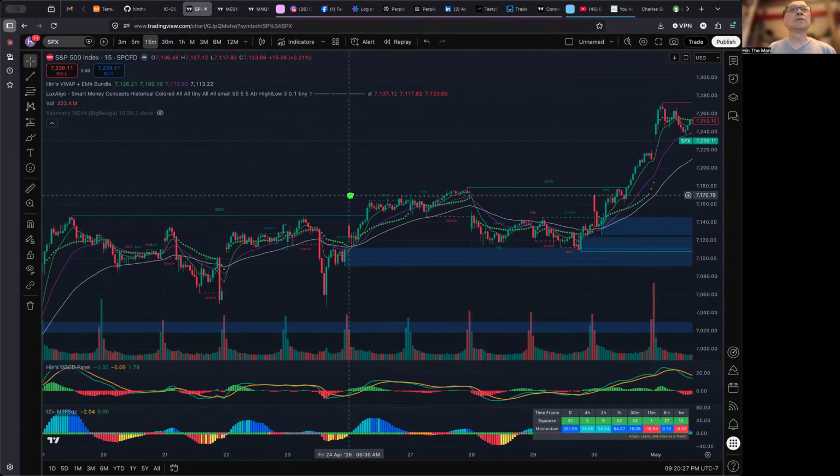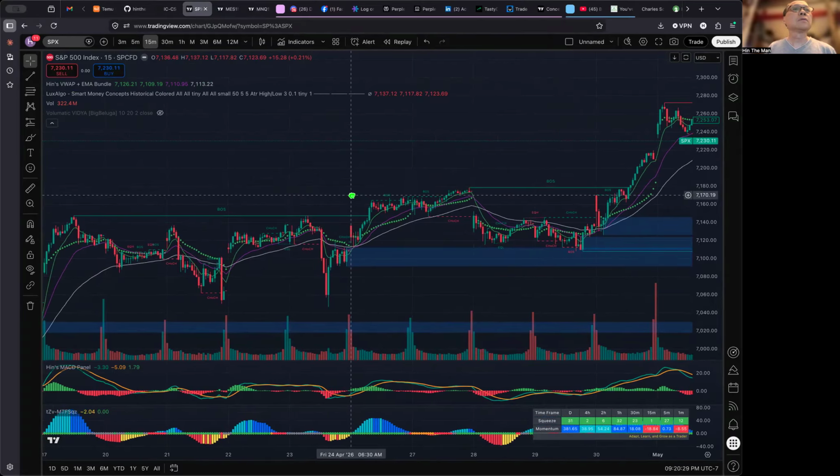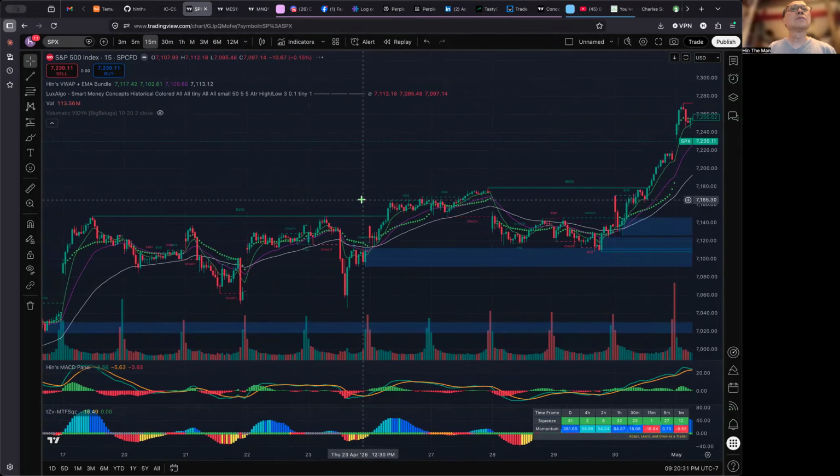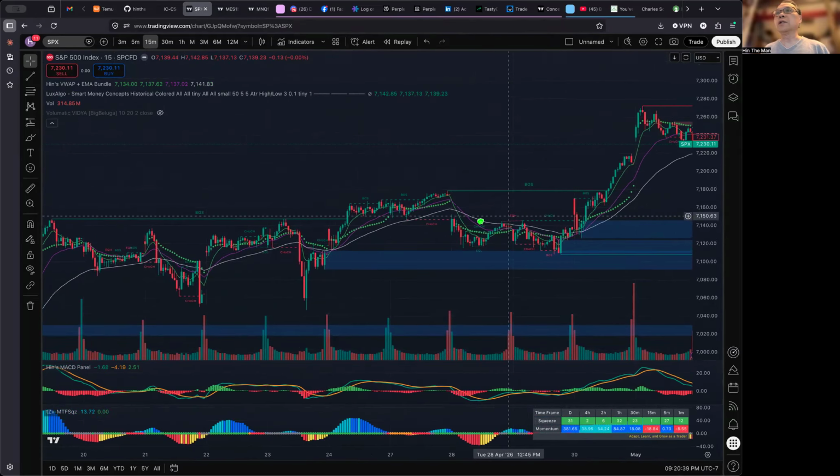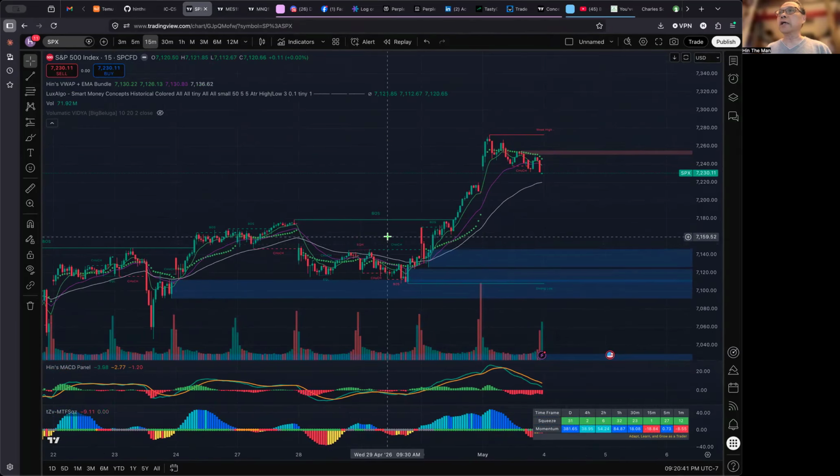So let's see. See the equal low, change of character. Well, so far I don't see a break of structure that is going red. So consider break of structure is going up. So change of character is usually going down.